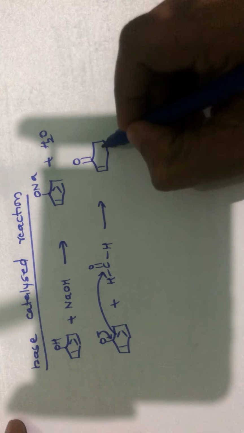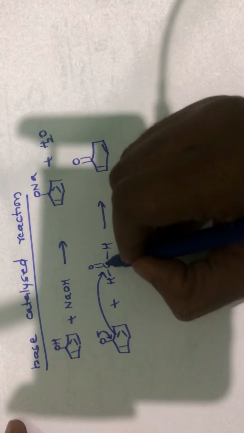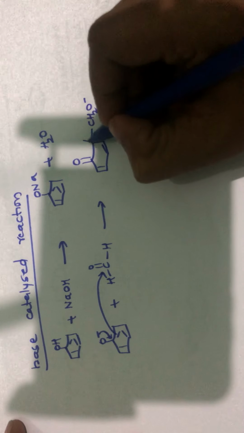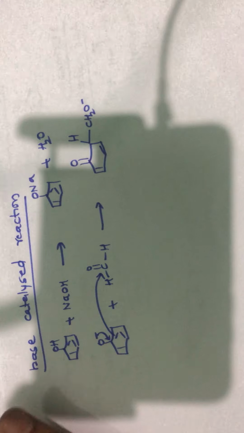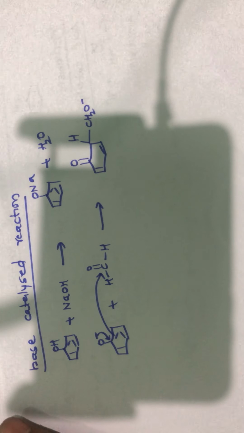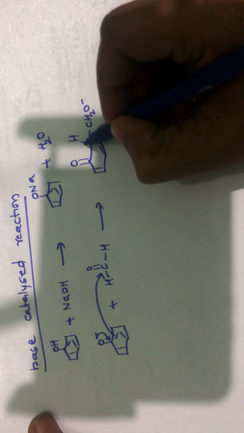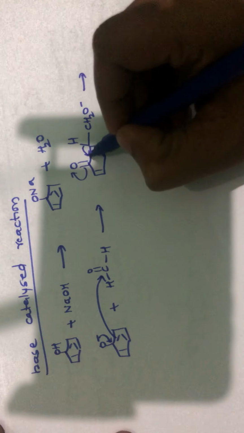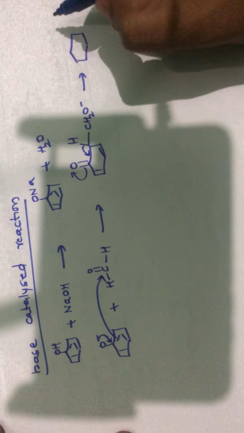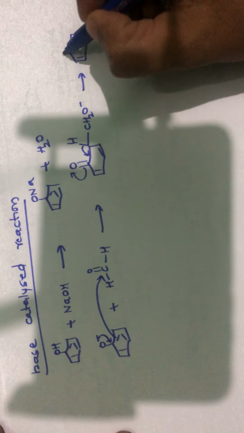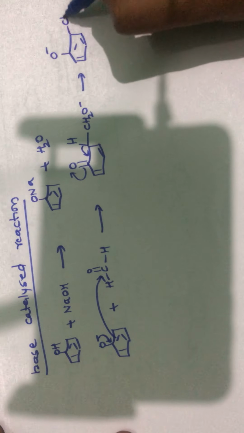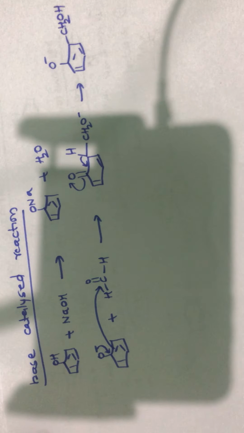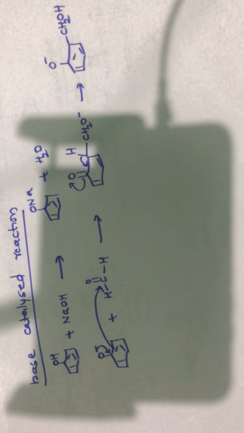Double bond O, attack takes place here to this carbon, so it will be CH2O minus and H. CH2O minus and H. Loss of proton. O minus, CH2OH. Okay. With excess of formaldehyde, hydroxylation takes place at both ortho and para positions.